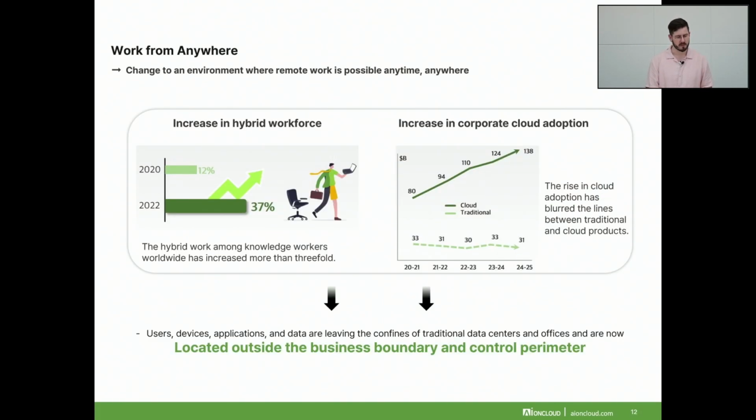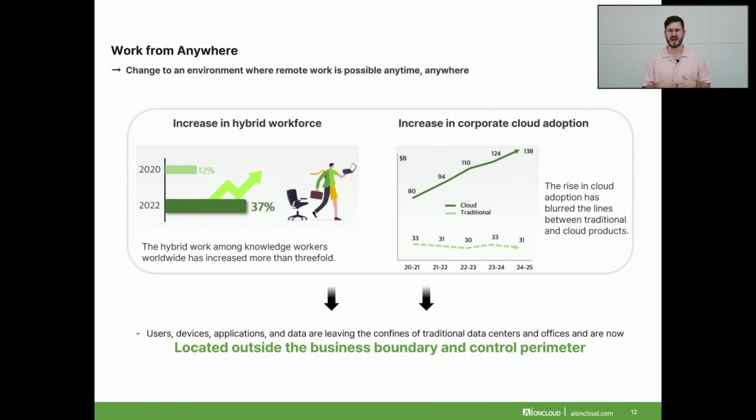Now, on top of this, remote and hybrid work has risen exponentially, especially in the last 10 years due to the global pandemic. And because of this, we now have users using devices and applications that are outside of protected areas, outside of the control perimeter of a standard business work office.